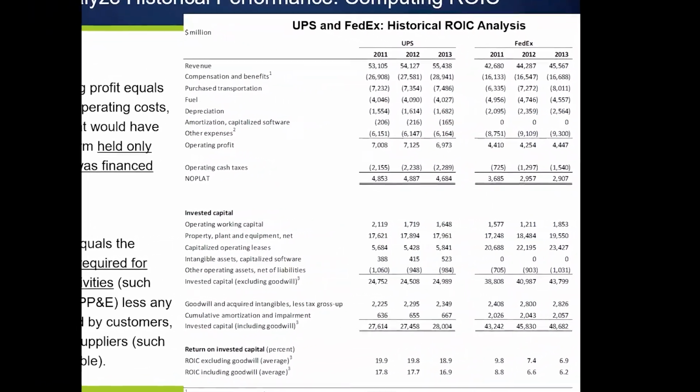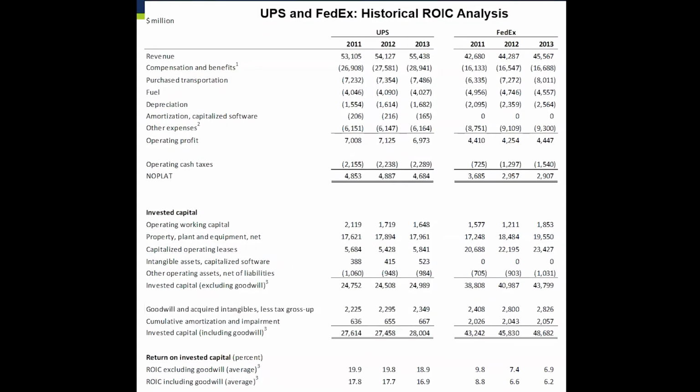Because return on invested capital is NOPLAT divided by invested capital. So the operating profit divided by the operating assets is more or less what ROIC is giving us. And this again is one of the drivers of value. So we're comparing UPS and FedEx.